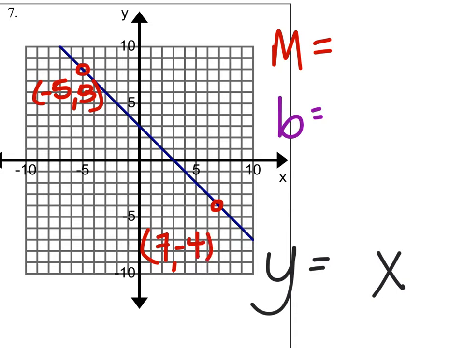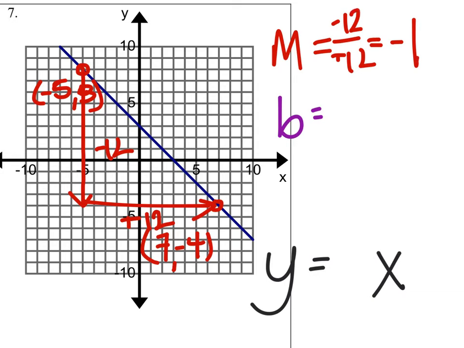For this triangle, I'm going to go down 12, and then I would go to the right, 12. So my slope is defined: we went down 12 and then to the right 12. So this would give me a slope of -1.